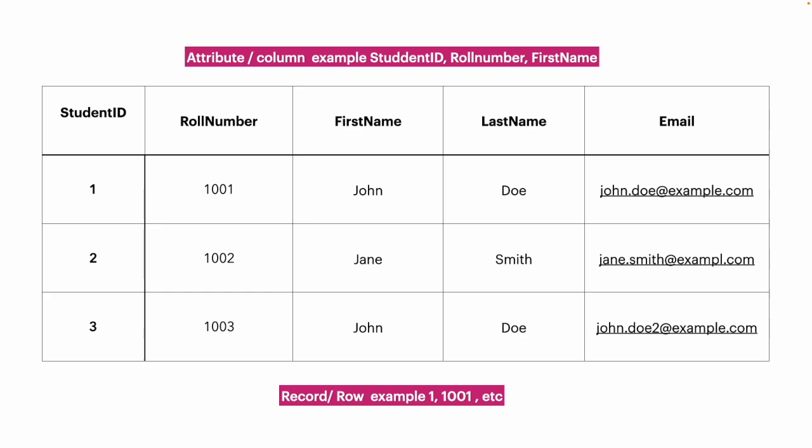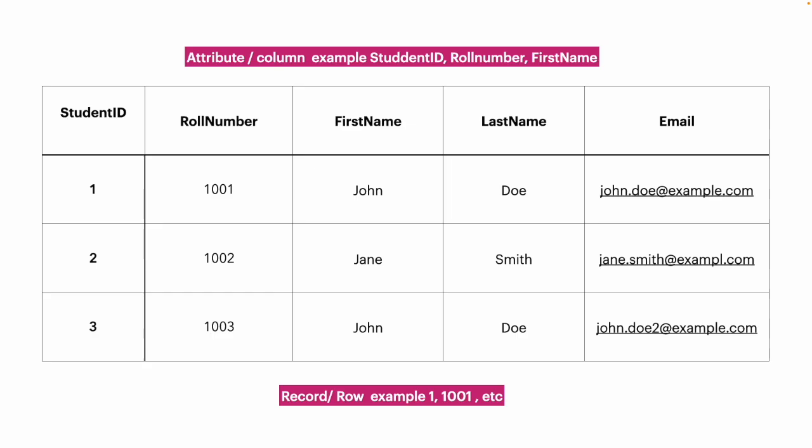The attributes here are student ID, roll number, first name, last name, email. These are all examples of attributes or columns, whatever you want to say. These are synonyms, as I have already told you. And 101, John Doe, and john.doe@example.com is an example of a row or record.